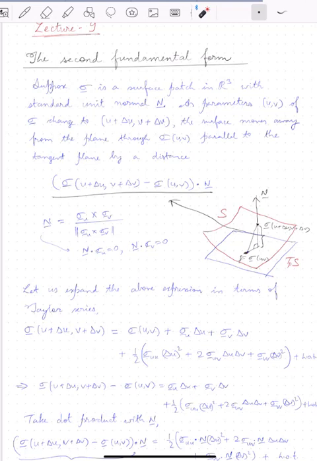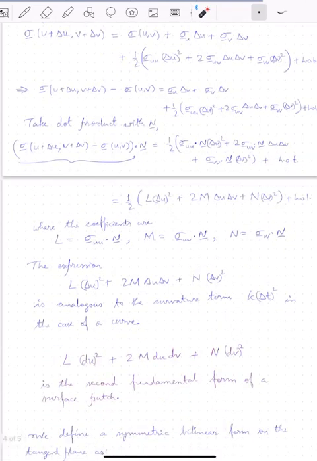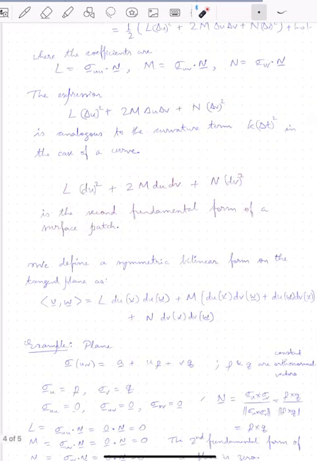So there is no deviation of any sort from the local tangent plane, and the curvature is 0. That's what we understand, getting some hint about what the second fundamental form tries to imply, right?